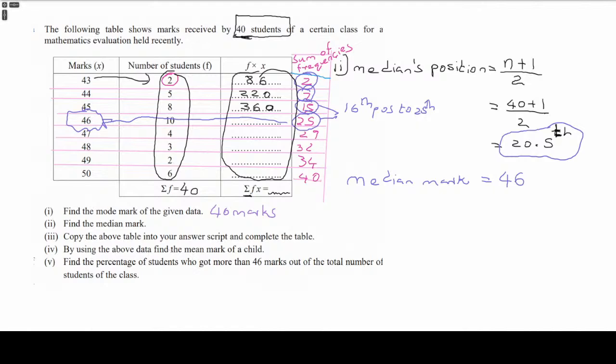Roman 4. By using the above data, find the mean mark. So how do you find the mean? Mean is equal to what? Total of the marks obtained by all the students. How do we get it? It's there in the table. That is sigma fx. So sigma fx is the total of the marks of all the students divided by the number of students, sigma f.